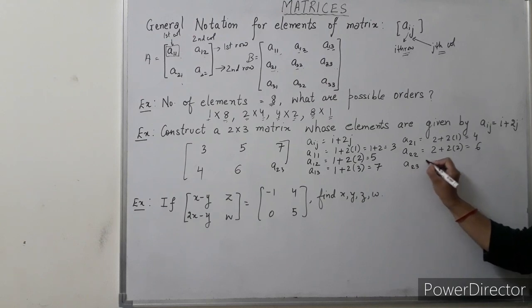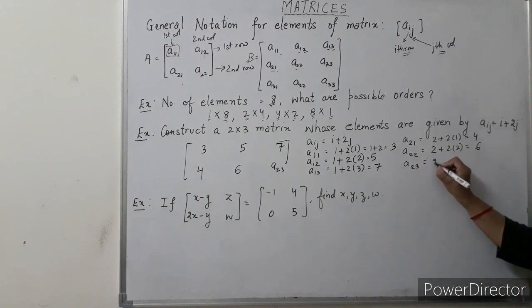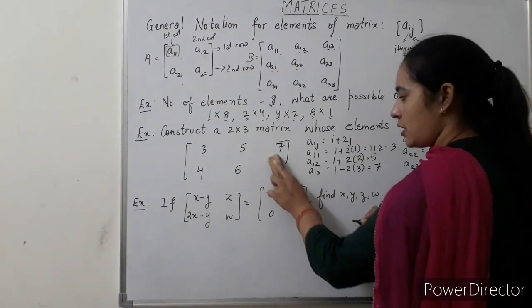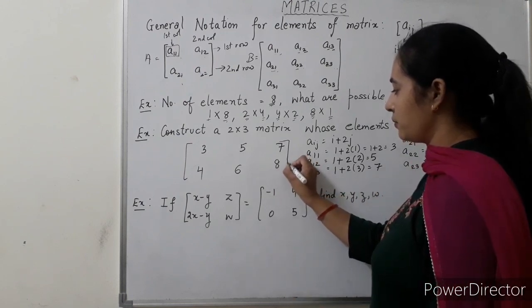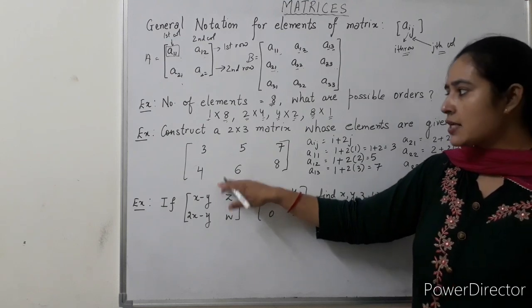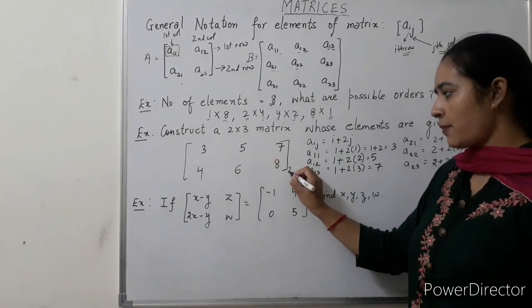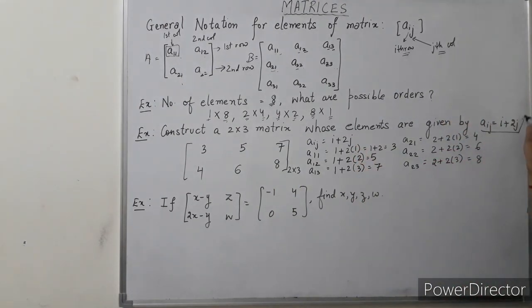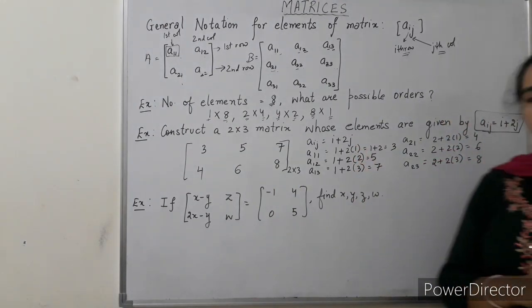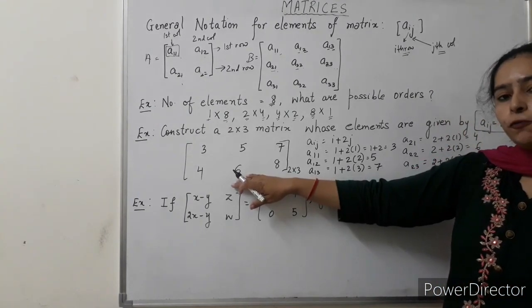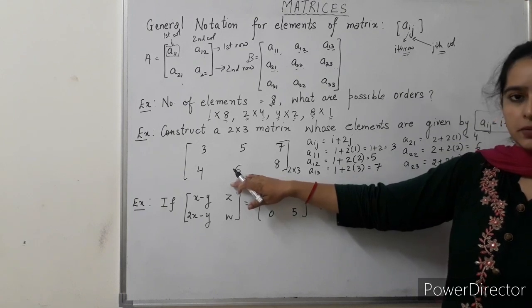Next is A23. i is equal to 2 and j is equal to 3. 2 plus 6, 8. So write 8 here. So this is your answer. We have constructed a matrix of 2 by 3 order. This is a matrix of order 2 by 3, all of whose elements satisfy this Aij is equal to i plus 2j. This is how you have to construct the matrix if you are given the rule to construct the matrix.